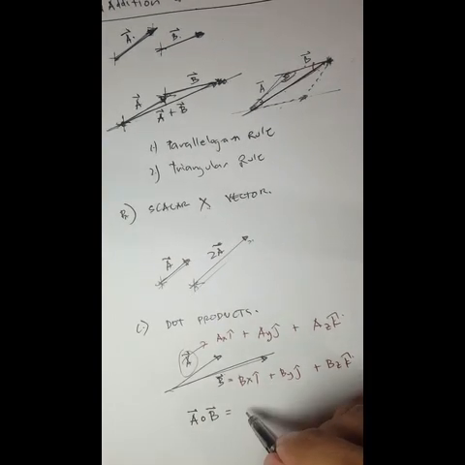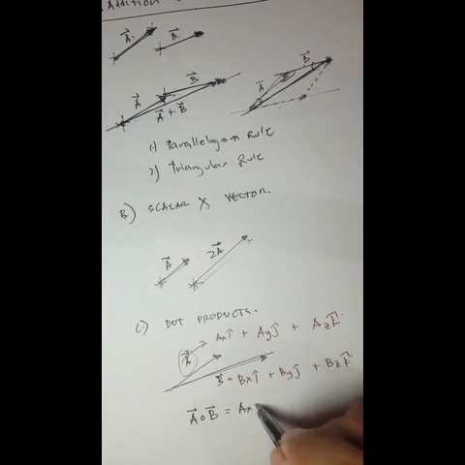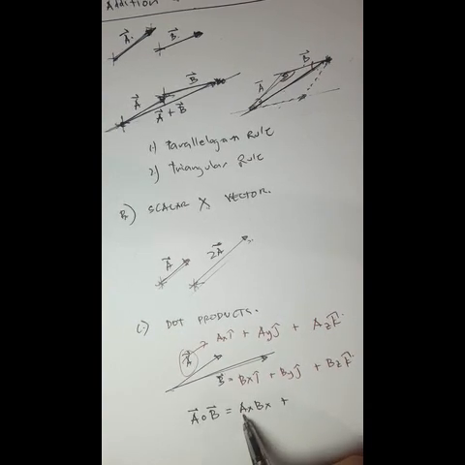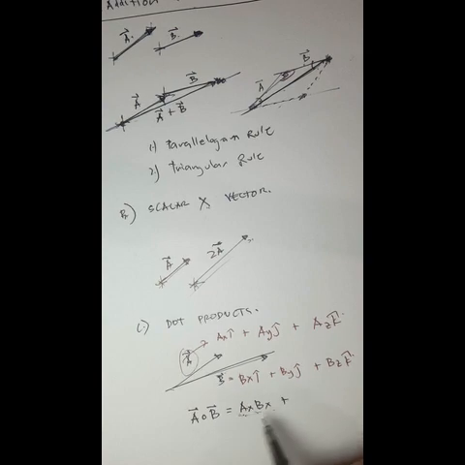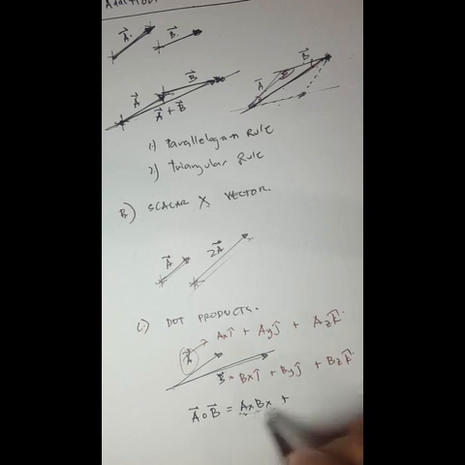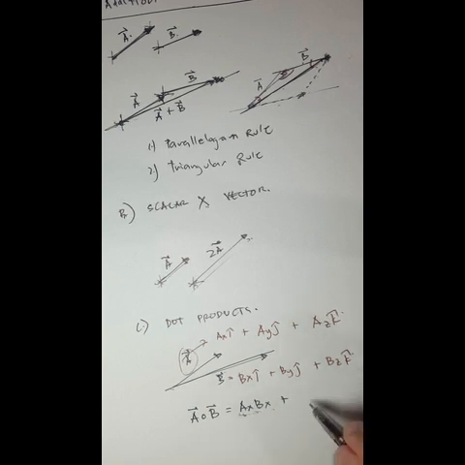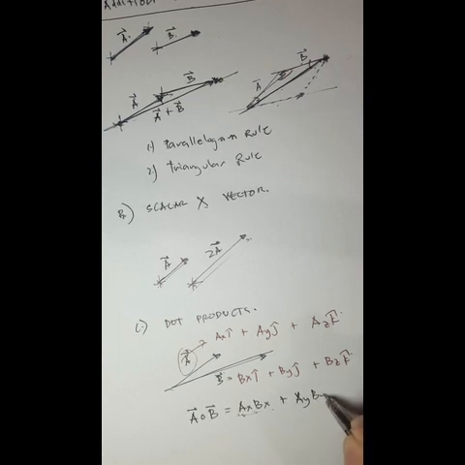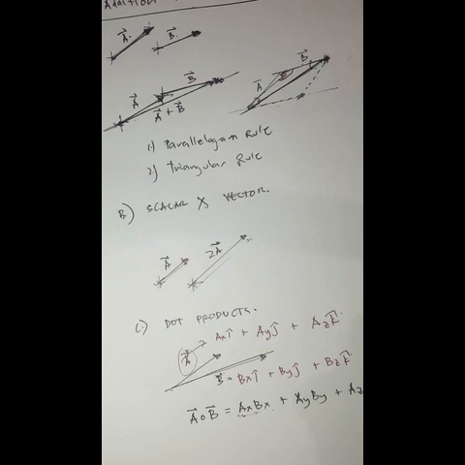So A dot B is actually ax bx plus ay by plus az bz. Take note, each term is the magnitude only of the component of the vector A times the corresponding component of the vector b.